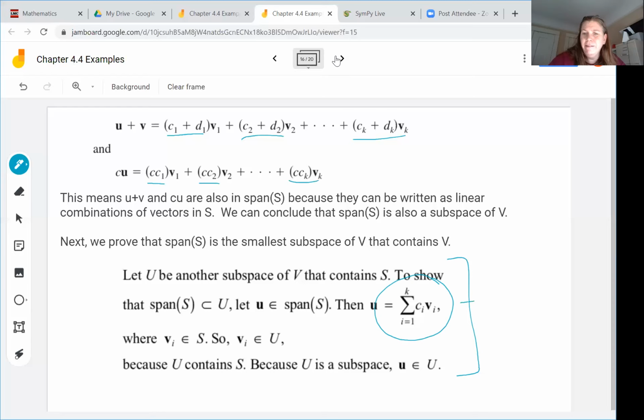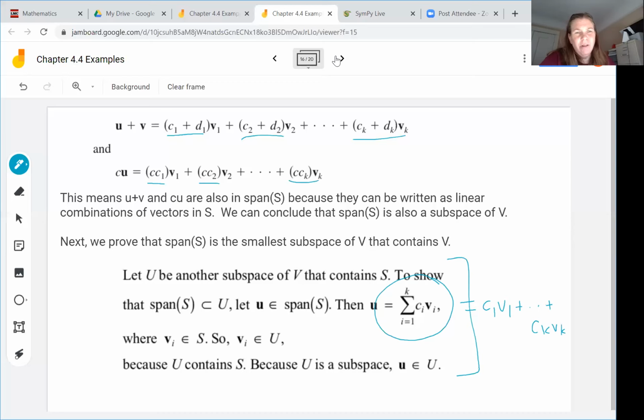If we expanded this, this is just c1 v1 plus all the way through ck vk. This sigma is just notation to show that we're adding up 1 through k, where all of the v's are in S, and so each vi is in U, and that's because U contains S. And then because U is a subspace, vector u is also in U.